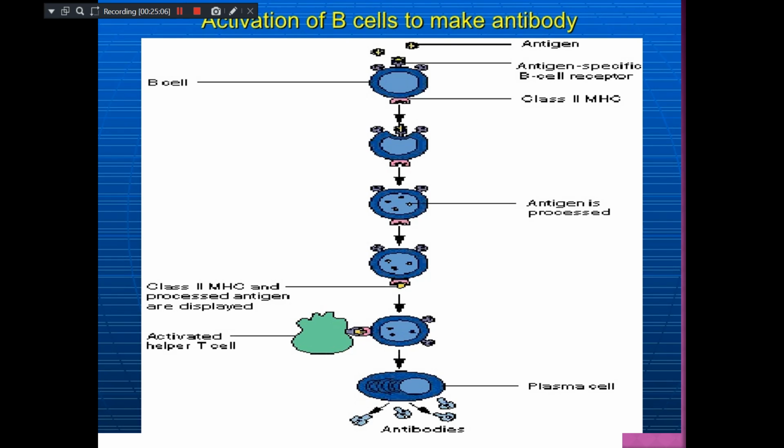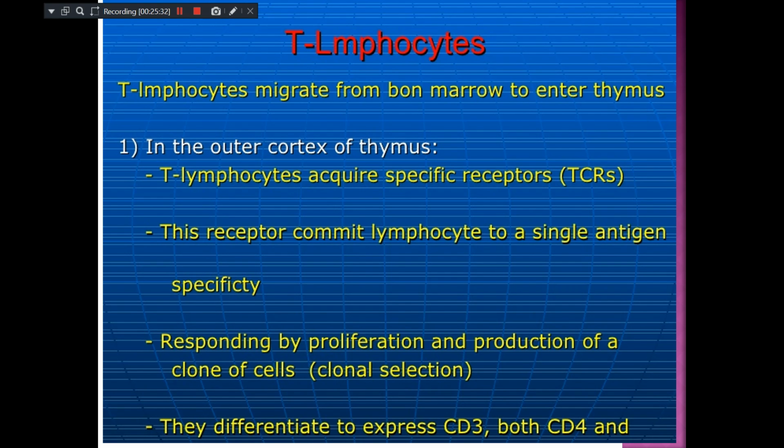Then activated helper T cells help the B cells produce plasma cells, and these plasma cells now produce the antibodies. The antibodies neutralize the antigen as well as start producing more antibodies. This is how any pathogen that gains entry into the body of the host is tackled. So this is how the B lymphocytes function.